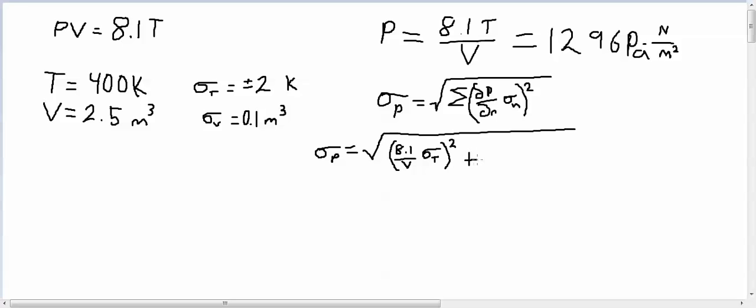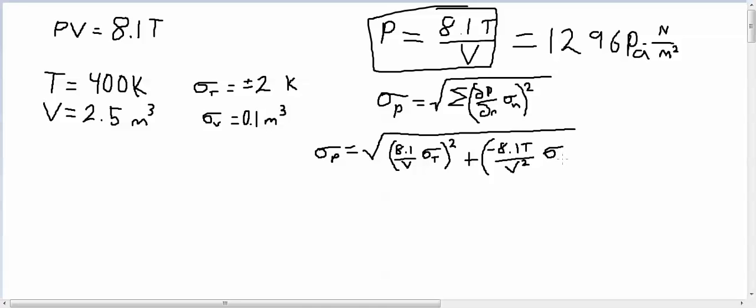And then we're going to add to that the partial derivative, so let's take the derivative of this equation in terms of V now, and that'll be negative 8.1 times T all over V squared. And then we're going to multiply that by the variance of V and square that.